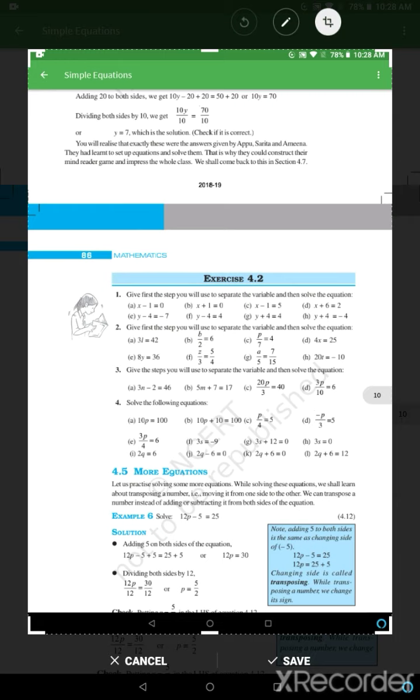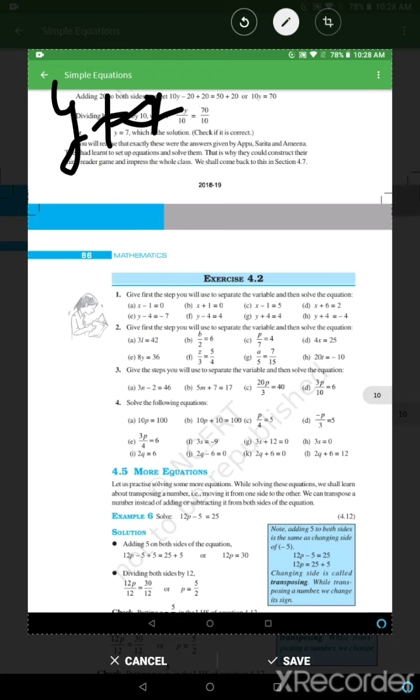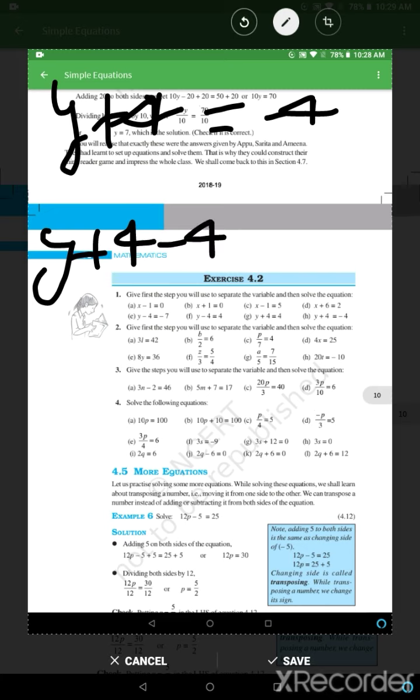Now h, which is y plus 4 is equal to minus 4. y plus 4 minus 4 is equal to minus 4 minus 4, which will be minus 8.